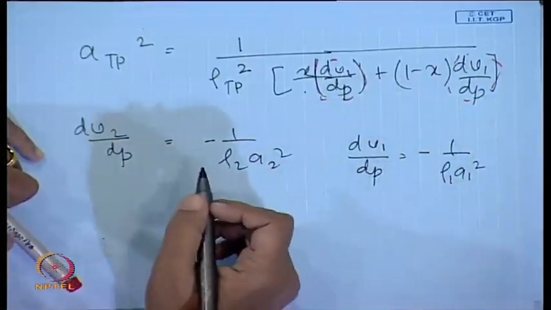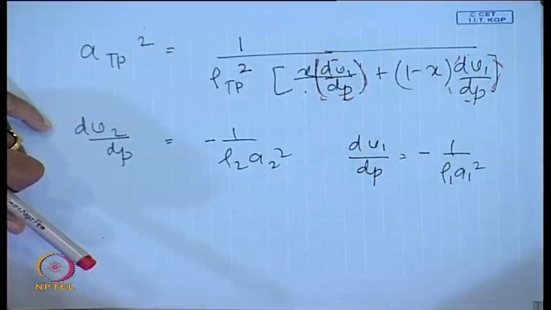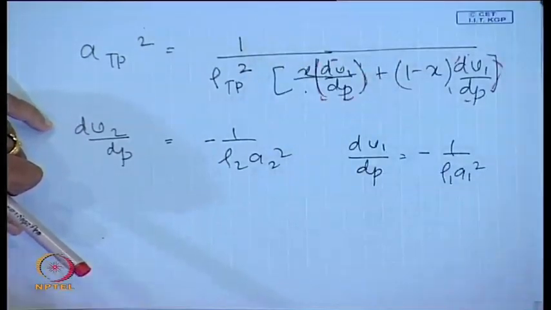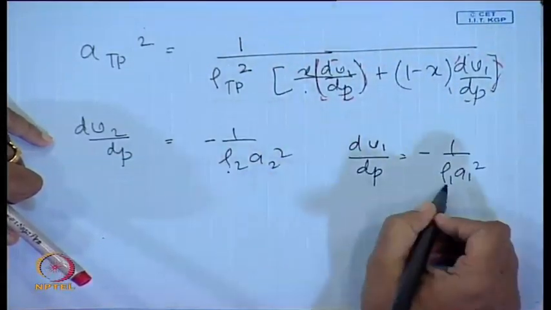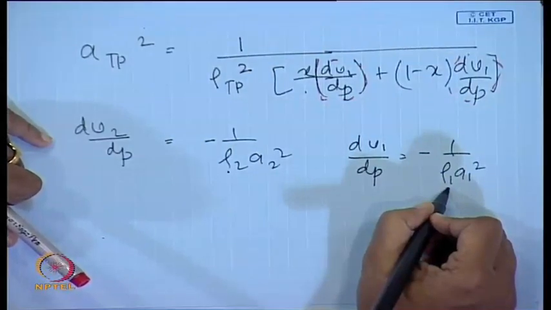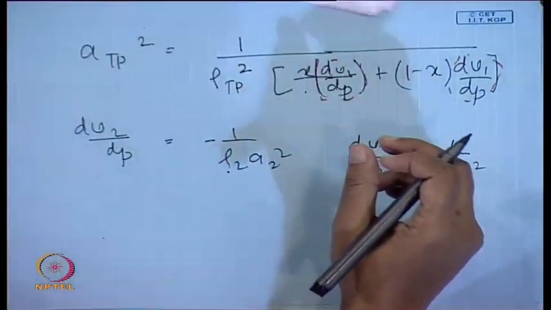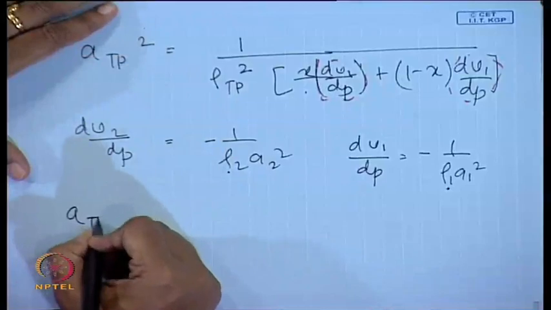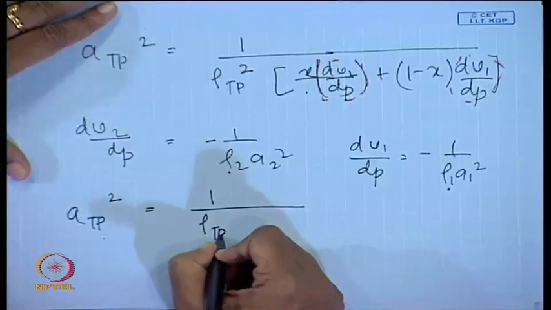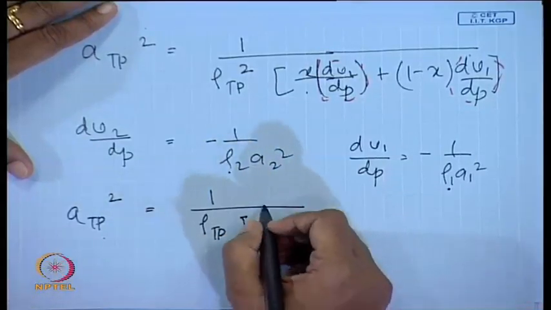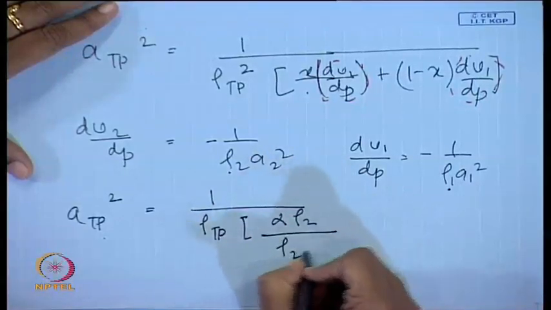So, from here, in place of dV1/dP and dV2/dP, we can substitute these particular terms. Yes. Now, let us substitute them and let us find what we get. If we substitute, we get A_TP square equal to 1 by rho_TP. Let us take one rho_TP inside and we get alpha rho 2 by, how do we get it? I am going to tell you.